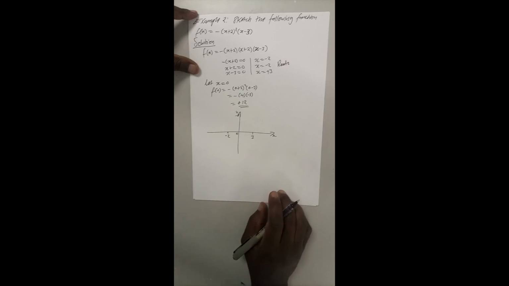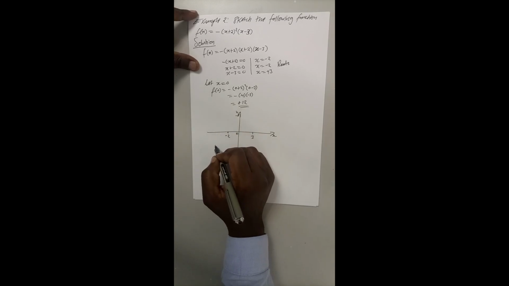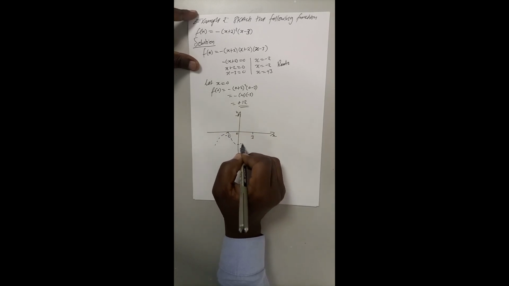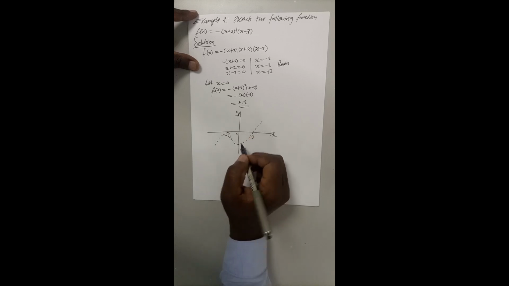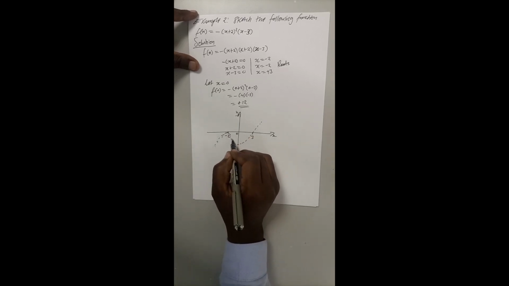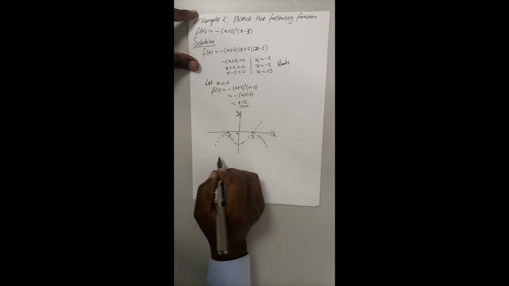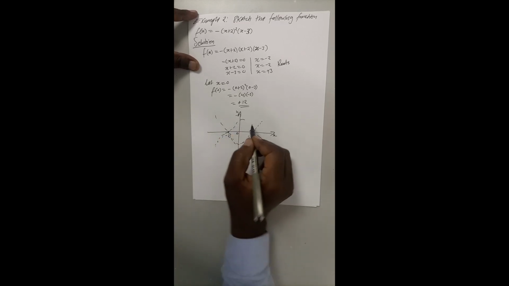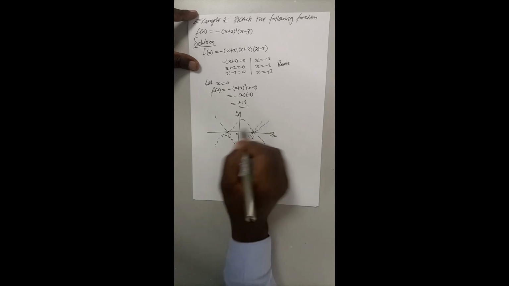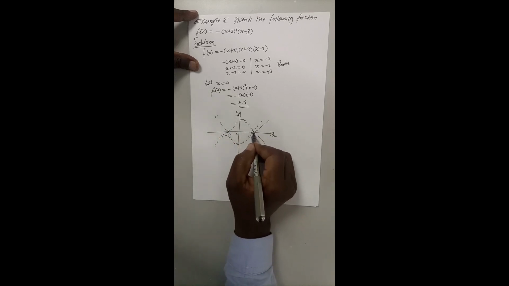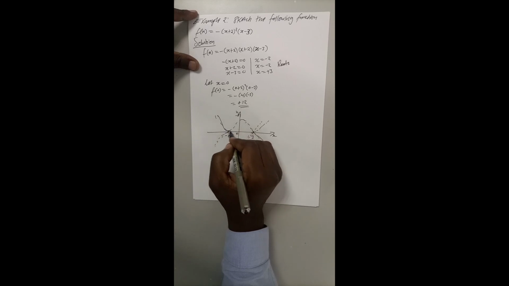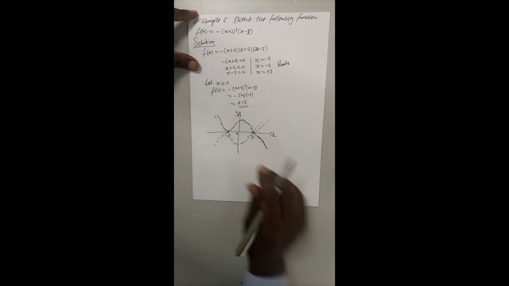So this graph might look like this, or it might look like this, and then it goes down there, or it might come from here and then proceeds down. So how do you determine the actual nature of this graph?